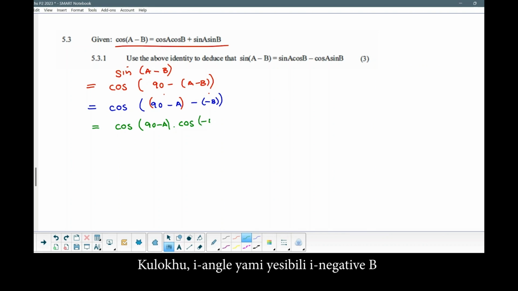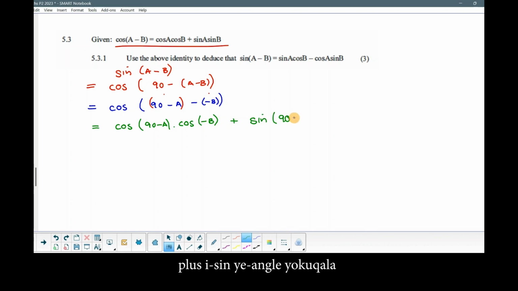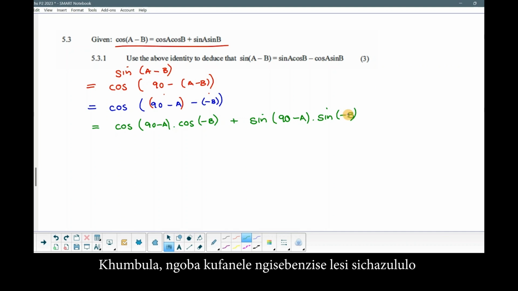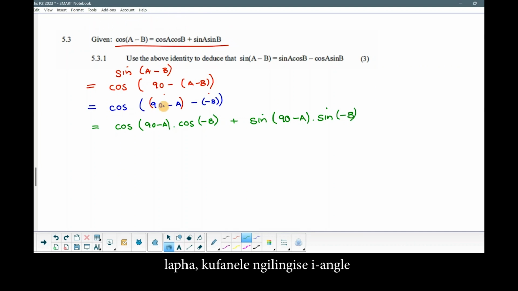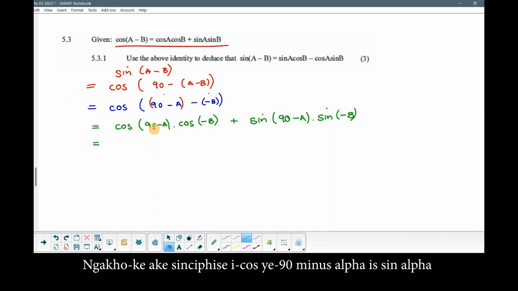In this case, my second angle is -B, plus sine of my first angle times sine of my second angle, which is -B. Remember, because I have to use this expression here, I have to mimic the angle minus the angle to solve it. So let's simplify. Cos of 90 minus alpha is sine alpha.